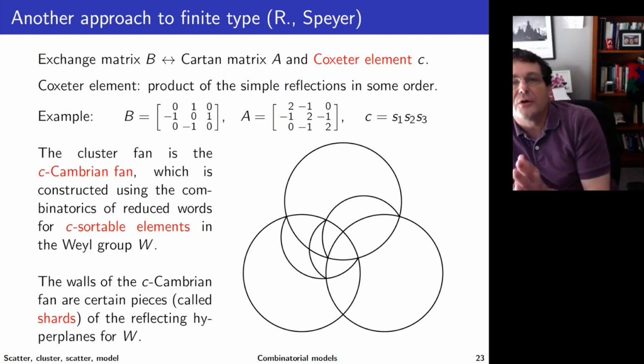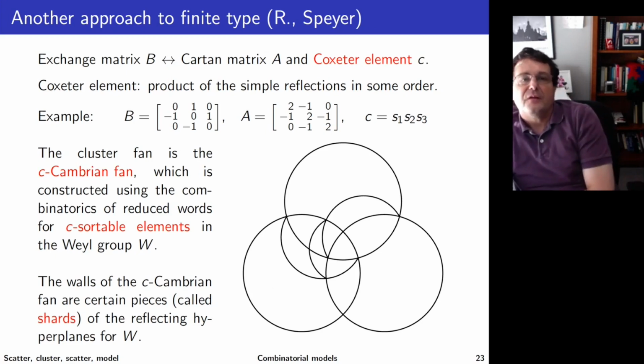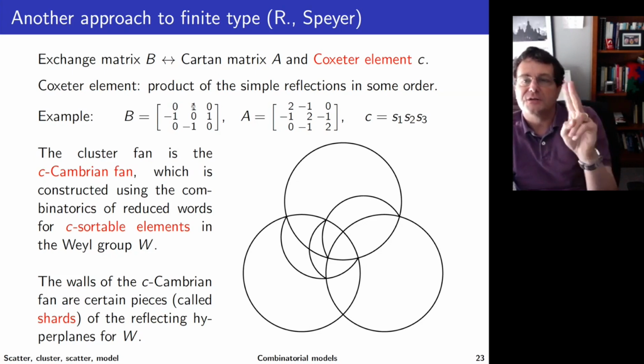Okay. Another approach to finite type is that we remember some of the extra information from the exchange matrix. There's some sign information, and so we can think about, for a skew-symmetric matrix, I could have put the minus here or there, and whether I do or not is going to basically tell me whether S1 is before S2.